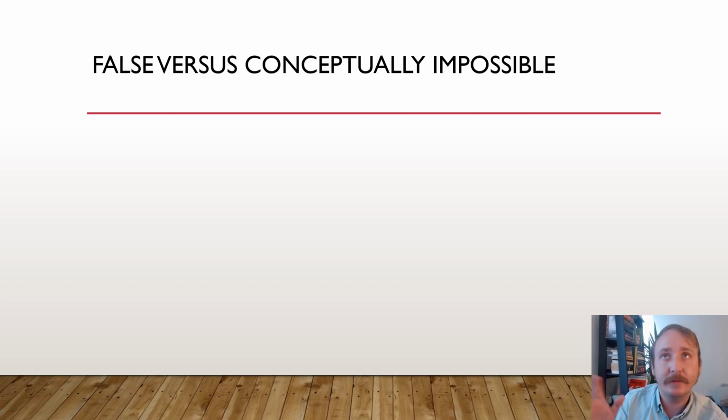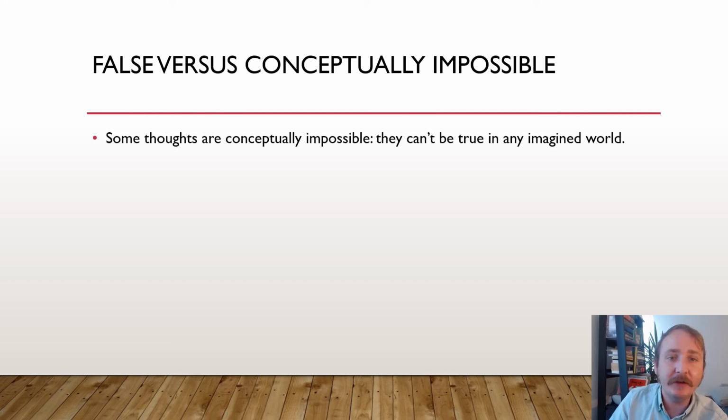All that matters for it to be consistent with other statements is that it doesn't contradict them. But conceptually impossible thoughts are thoughts that can't be true in any even imagined world. As a result, when you put them into a set of other thoughts, they make the set inconsistent every time, because the set couldn't be true all at the same time, because one of them is always false.